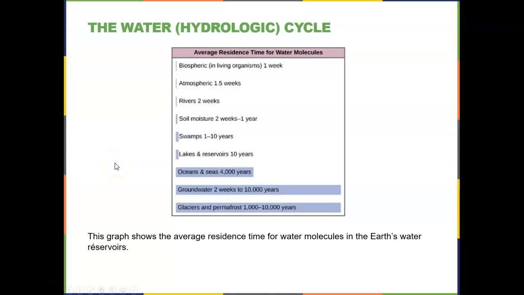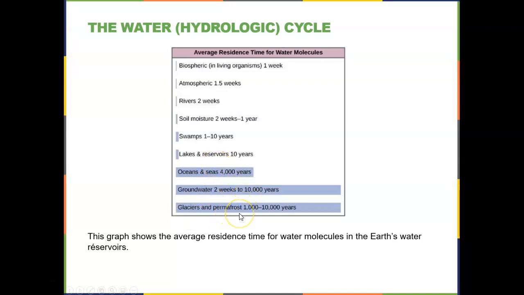So when we look at how much time a molecule of water spends in a certain component of the hydrological cycle, we see again that the majority of the time, a water molecule spends its time in oceans and seas, groundwater, and glaciers and permafrost.